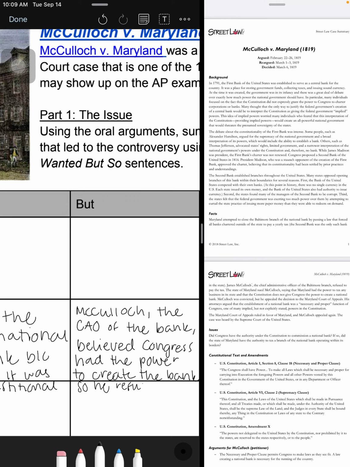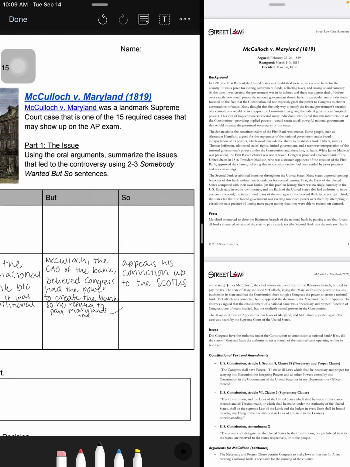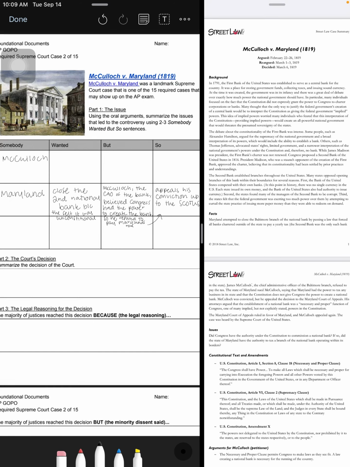So he refused to pay Maryland's tax, or something like that. We could have also included that part over here. However you guys want to do it. This is really pretty flexible, okay?